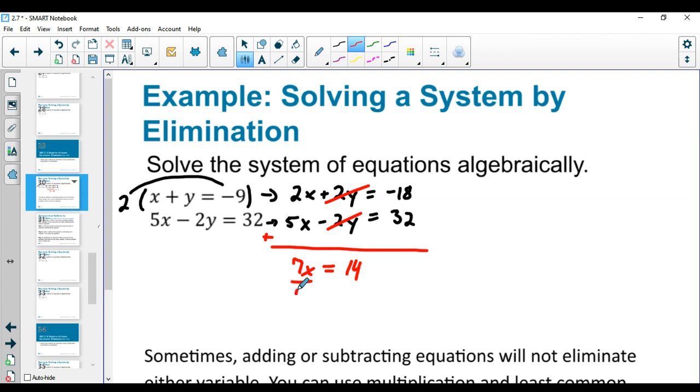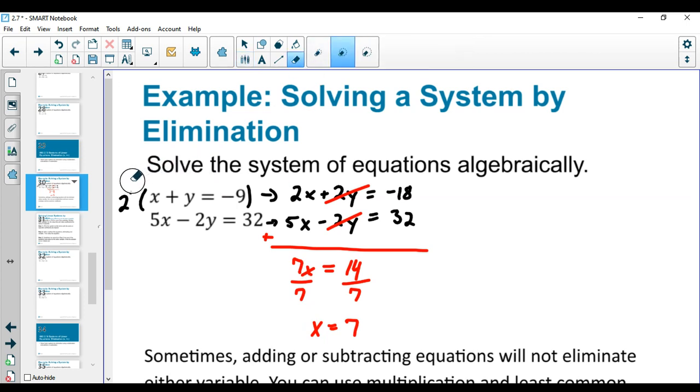Is 14. And then we have that equation of one variable. We just divide and solve. And then always remember, this isn't our answer. We also need our y values. So I'm going to go back up to the top and plug it in to one of the two equations. I'm going to choose the top one because I think it's easier.